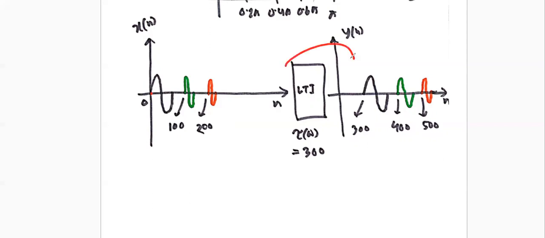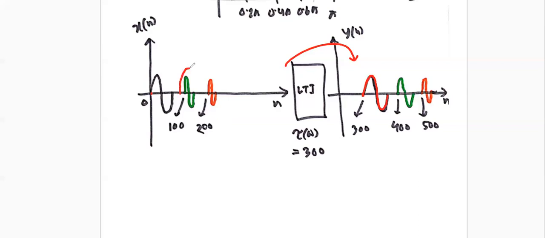So in the output, what should be the starting point of that signal? Of course, it experiences a 300-sample delay. So it will start at 300, and that's for sure. And after that, the signal will propagate like this.